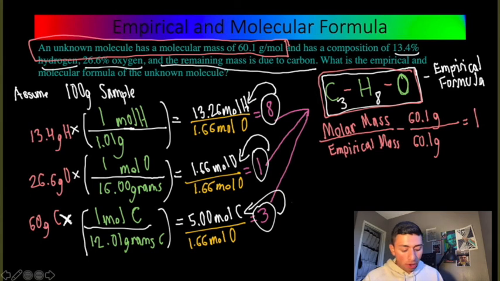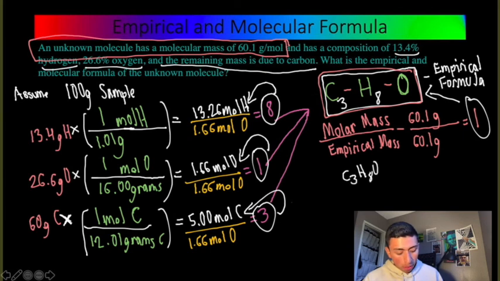Now, what you're essentially supposed to do is multiply this answer by your entire empirical formula. So you should be doing C3H8O1 times this answer here. But in this case, we just have 1.